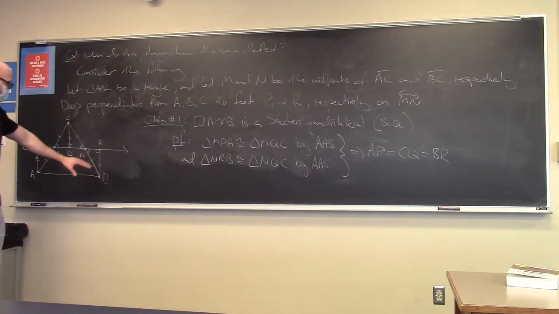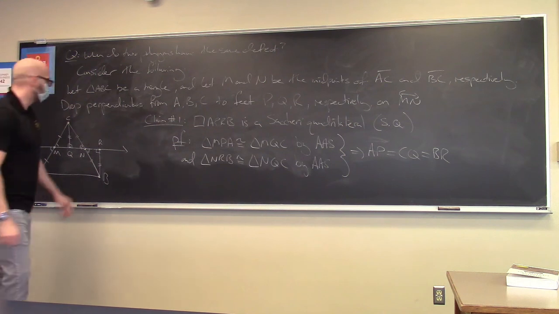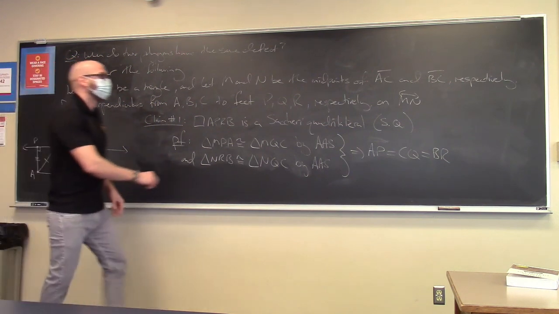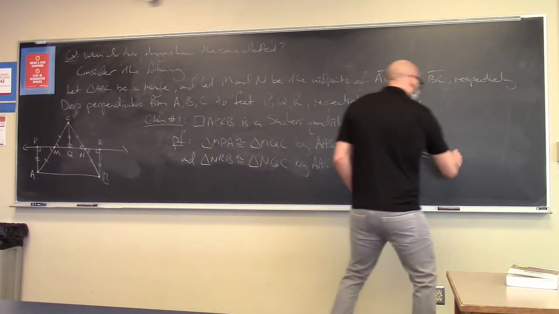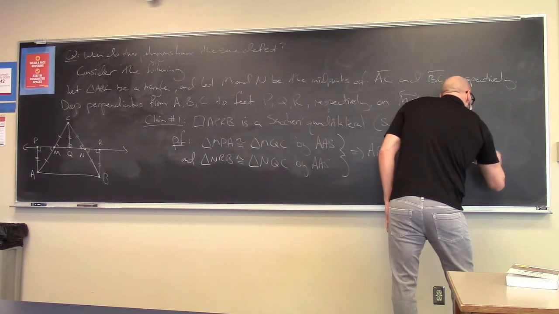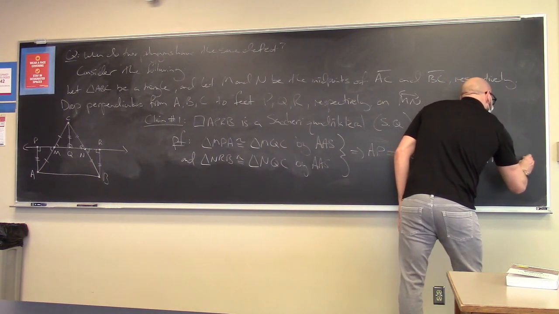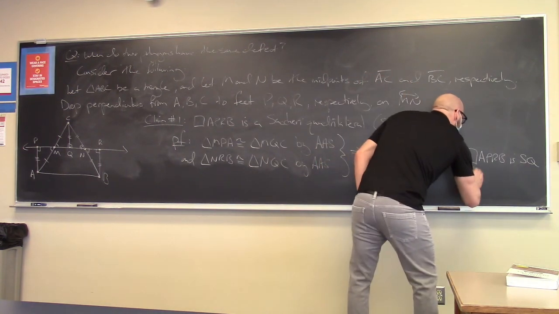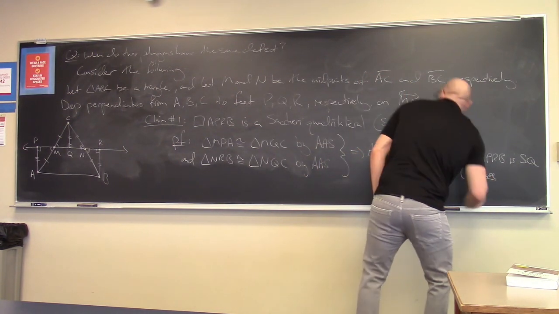So I do indeed have a security quadrilateral built in this picture. The base is the opposite way around; the base is actually at the top here in this picture. It's PR. So that implies the result that APRB is a security quadrilateral, and I'll just make a note, with base PR.